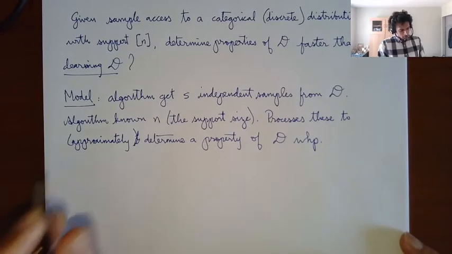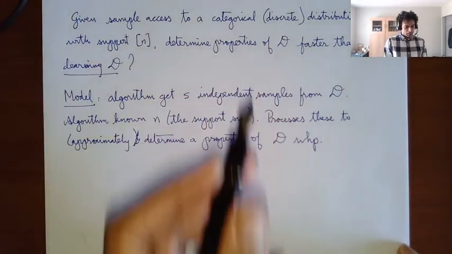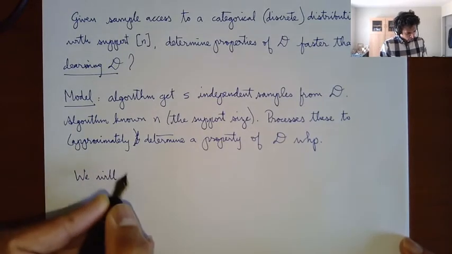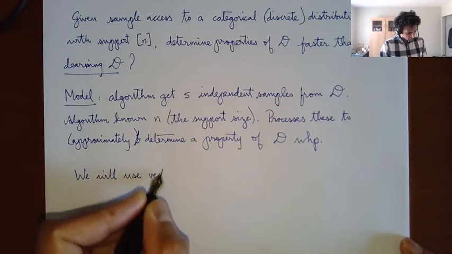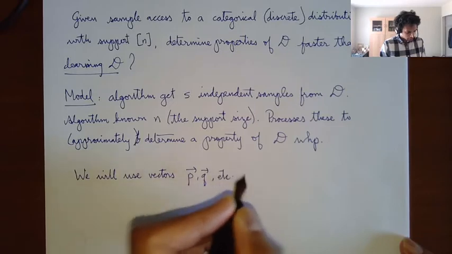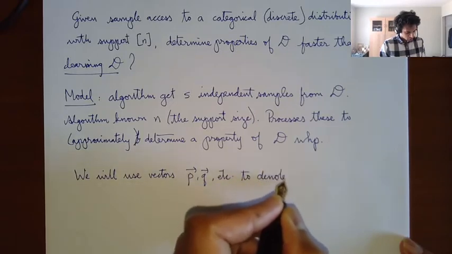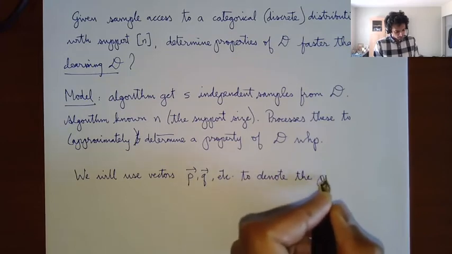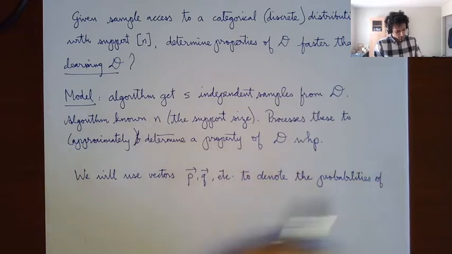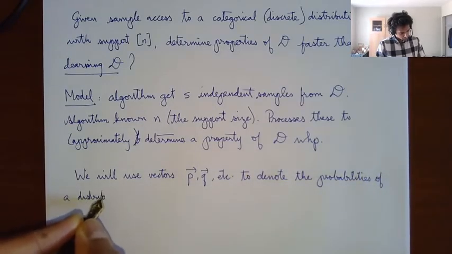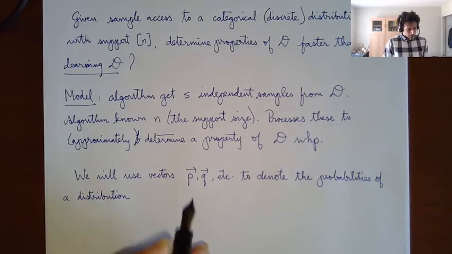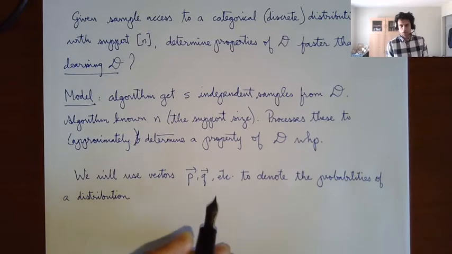So given that these are categorical distributions with a support, we will use vectors P, Q, etc. to denote the probabilities of a distribution. Somewhat abusing notation, I will actually just refer to P and Q as distributions themselves.